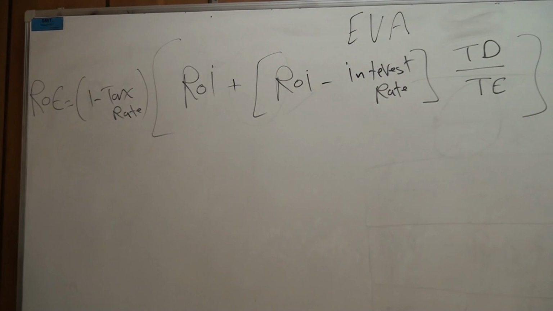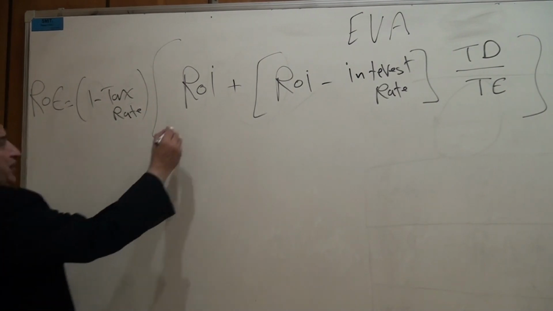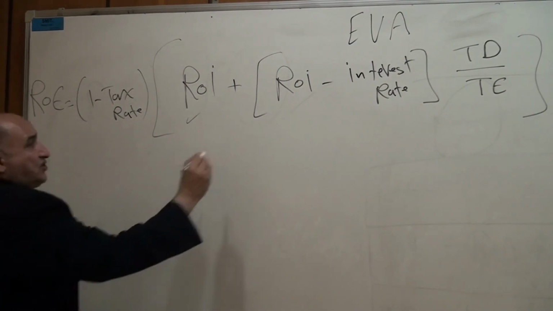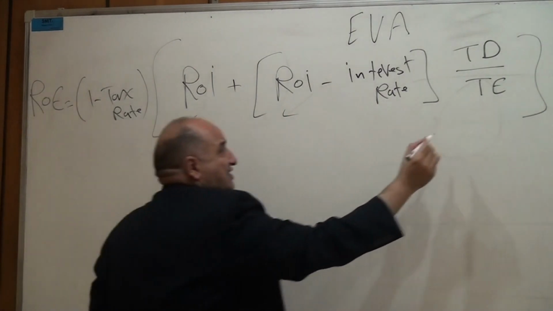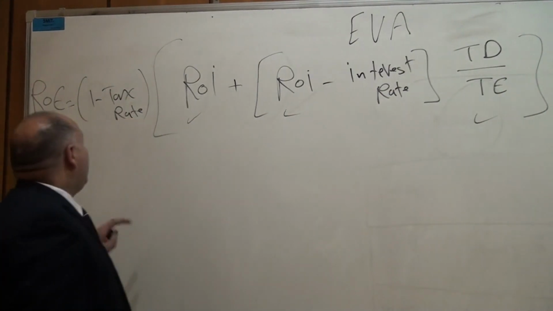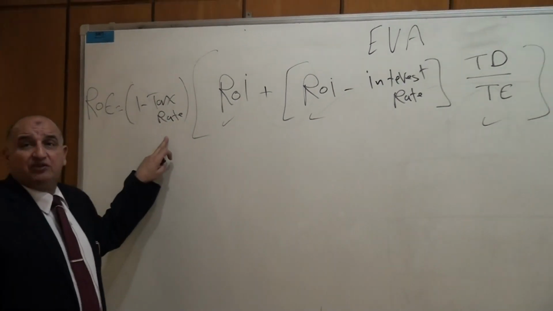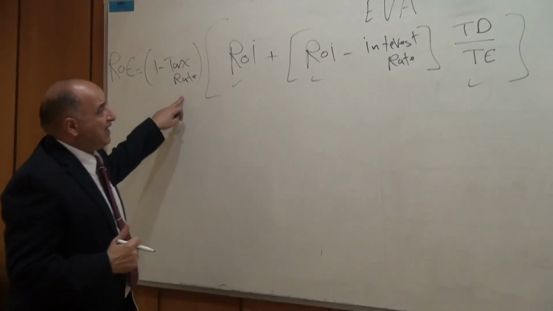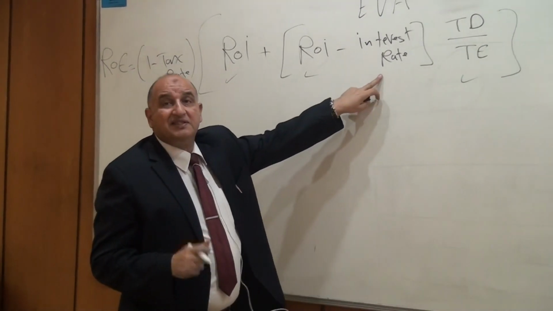Now, how can I calculate this for any company? We already have the ROI and the debt-to-equity ratio. How can we calculate the tax rate for the company, and how can we calculate the interest rate?